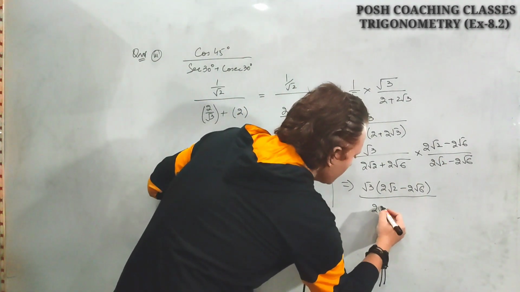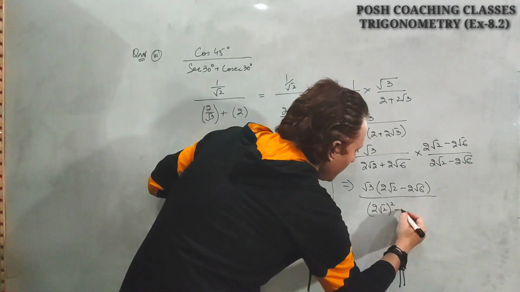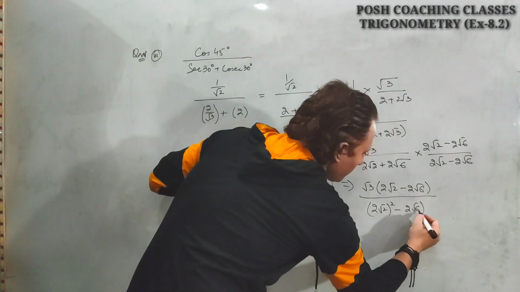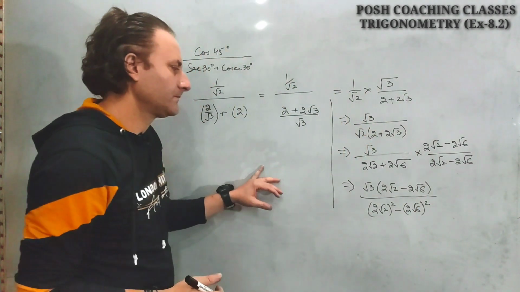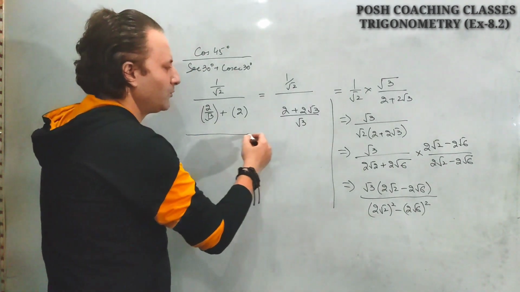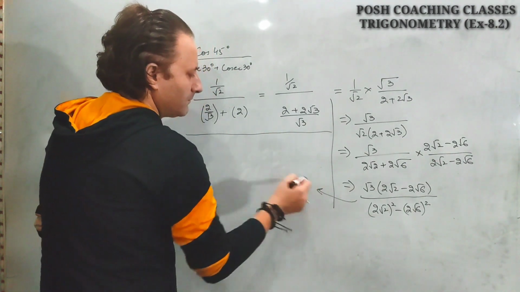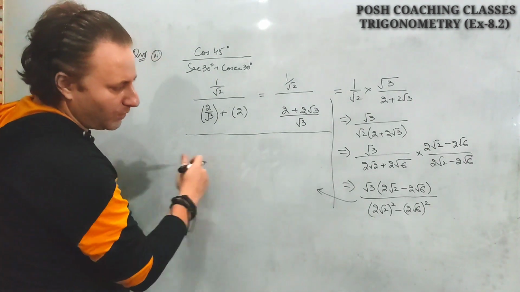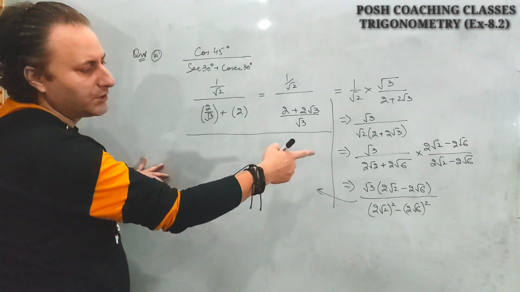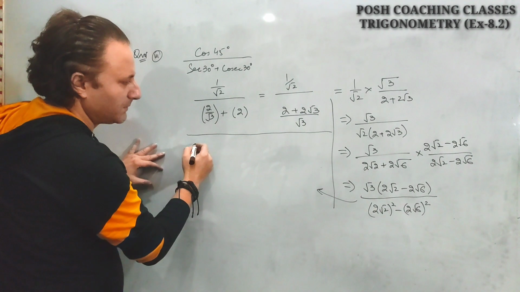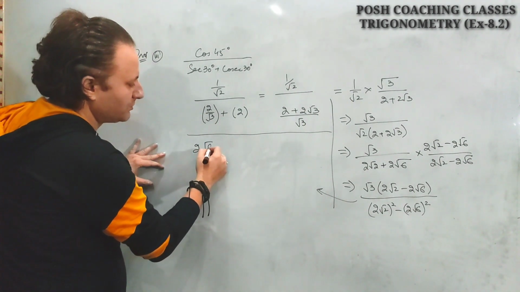So we have a square minus b square. Clear? So what I'm going to do, I'm going to move this side now because I have a space here. So now I can multiply root 3 with 2 under root 2. So what does that become? It becomes 2 under root 6.